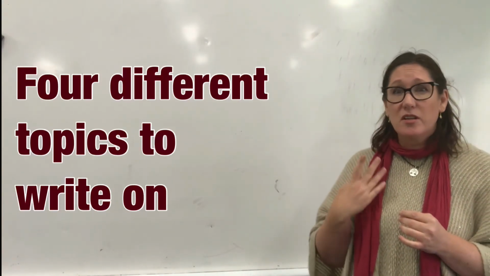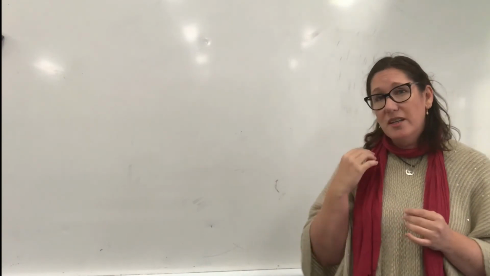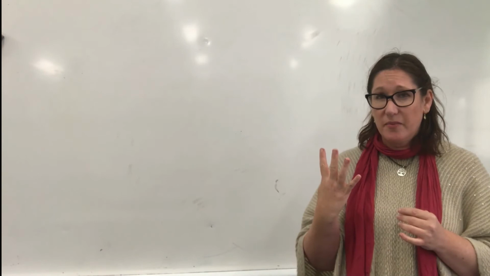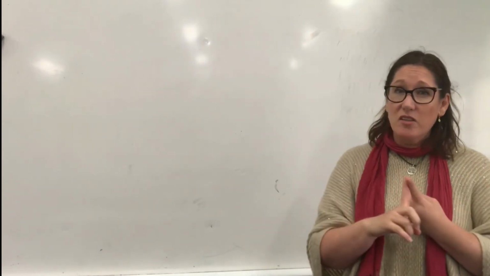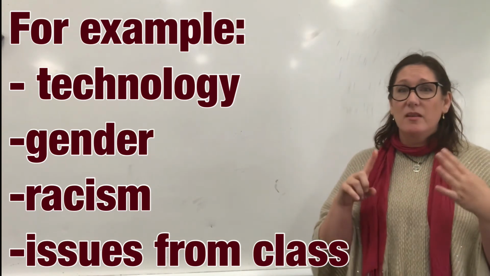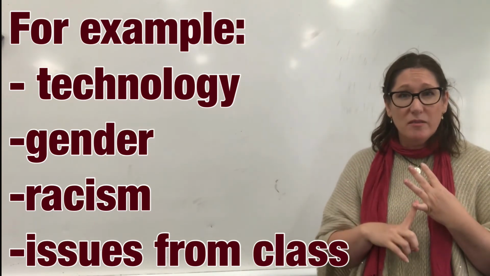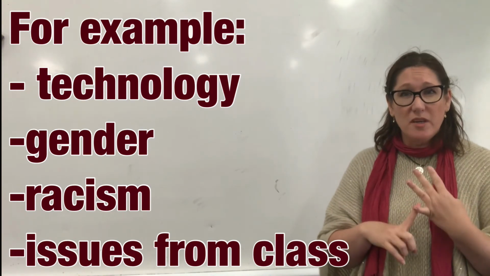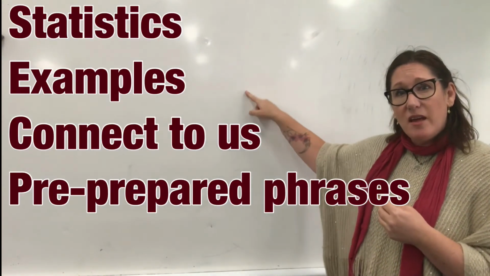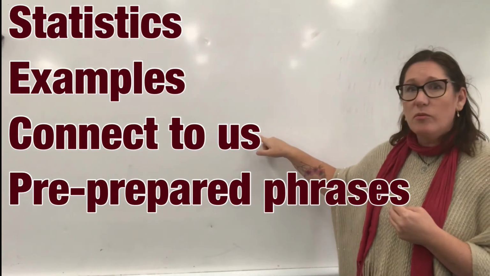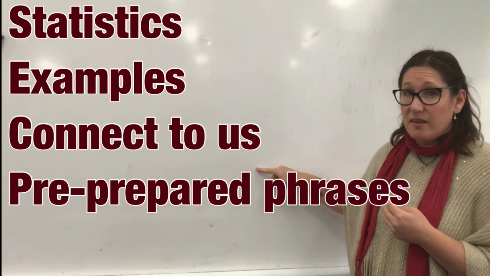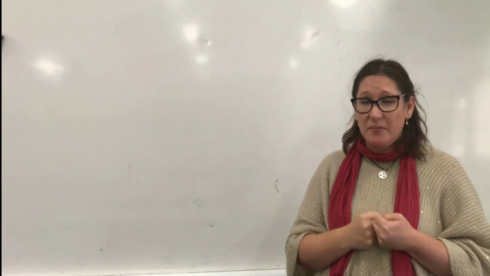If you're going to do an interpretive or persuasive, you really need to have 4 topics that you can write on easily. So something like technology, gender, racism. You can bring in stuff from class, but for each of those 4 topics you should prepare statistical information, examples, connections with our culture or our history, and pre-prepared phrasing that you can drop in to help you with that.